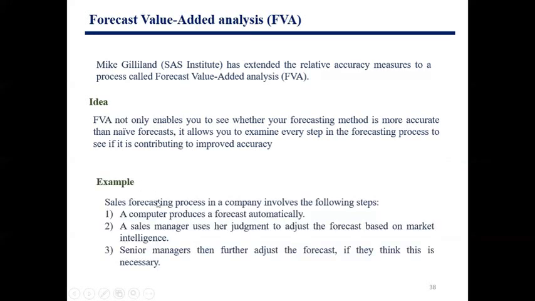I will give you an example. For example, a sales forecasting process in a company involves the following steps. First, your computer produces the forecast, and after that, a sales manager uses judgment to adjust the forecast, and after that, a senior manager will also adjust the forecast.